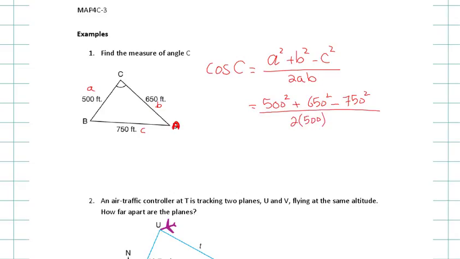Can I have your attention on the board for this? This is when most students make mistakes because they don't know how to use the calculator. When you're doing this, you have two options. Either find the answer of the top, write it down, find the answer of the bottom, write it down, and then do the division. Or if you have a calculator that does fractions, enter it all in.